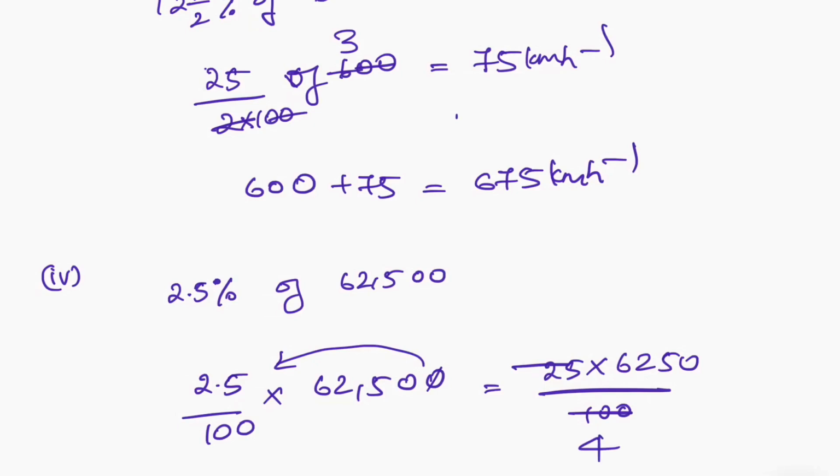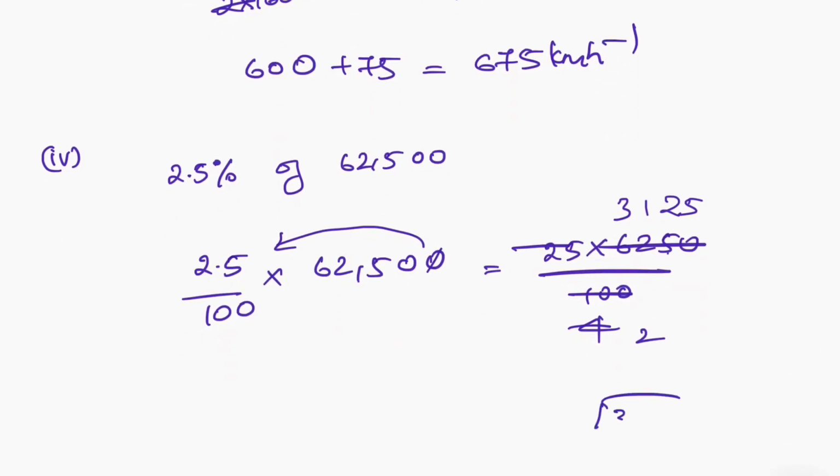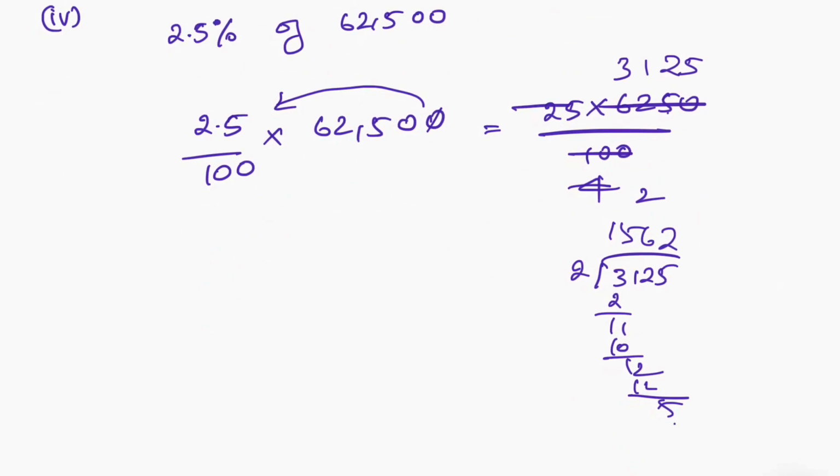Then 3125 divided by 2, and we'll get it as 1562.5 rupees.